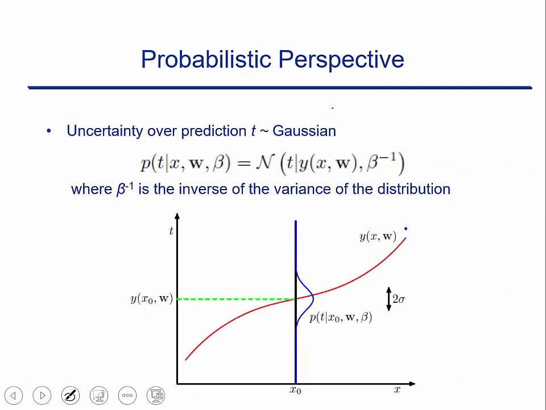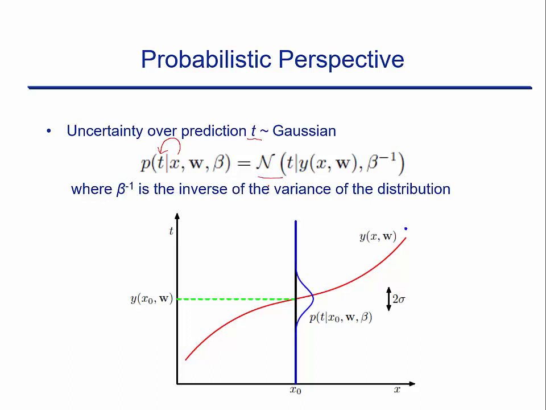Now let's take a probabilistic perspective of our polynomial regression problem. Recall that the goal of linear regression is to be able to make predictions for the target value t, right? So we will make some predictions of the target value t, given some new value of the input variable x. We can express our uncertainty over the predicted value of the target t using a probability distribution in this way.